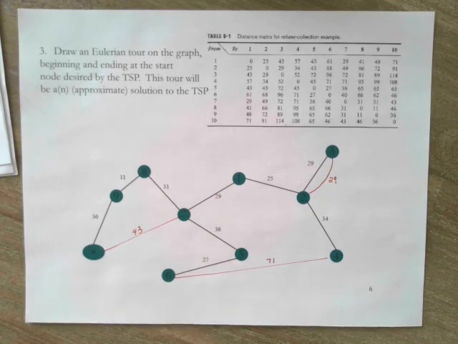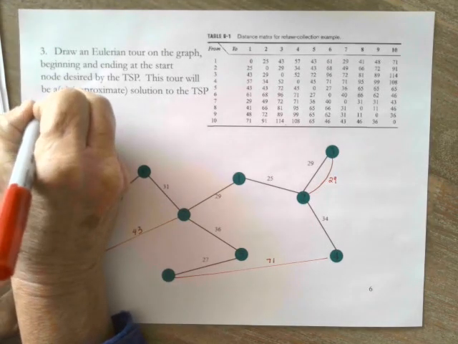Okay, so now it says draw the tour, starting and ending. So we want to start at 10, and we can get a tour as follows. There's a couple of them actually. So here's one tour.